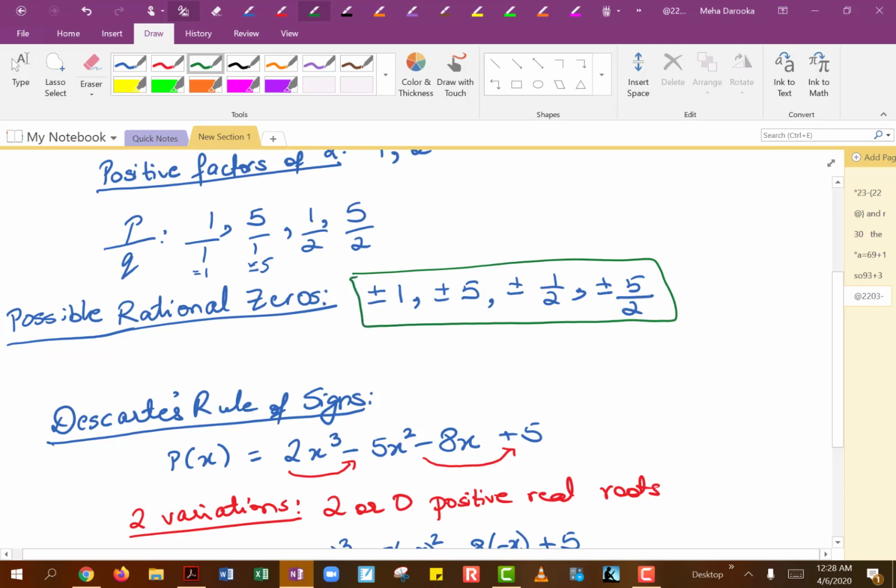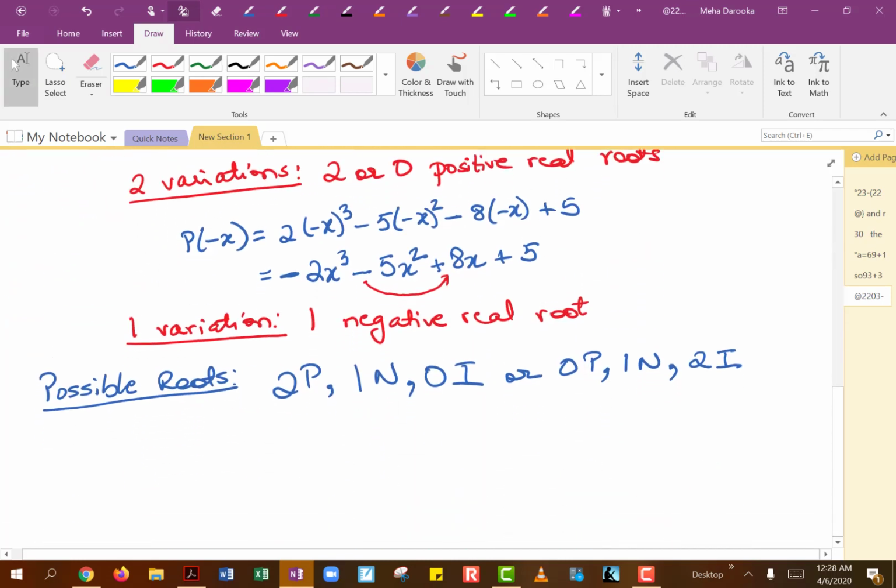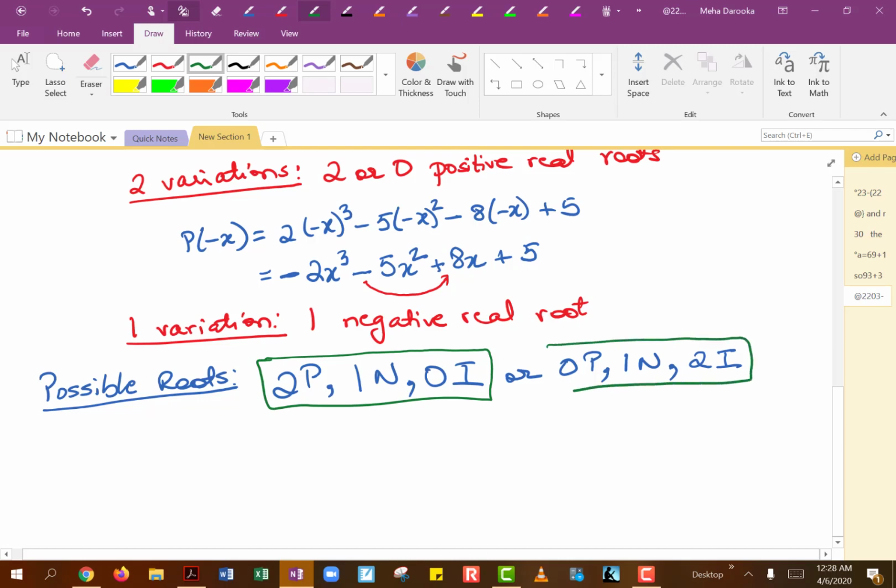So basically we are saying out of these options that we have here, which is 4 positives and 4 negatives, we could have 2 positive, 1 negative, or from all of those options, maybe I only have 1 negative real root and the other 2 end up becoming 2 imaginary roots. So I can have 2 positive, 1 negative, or 1 negative and 2 imaginary roots for this polynomial.